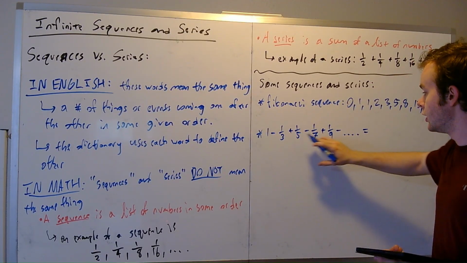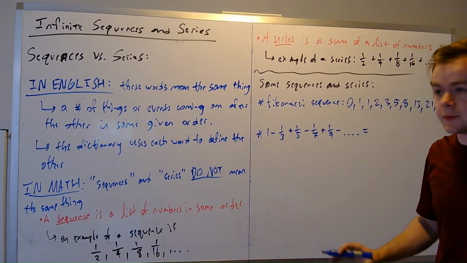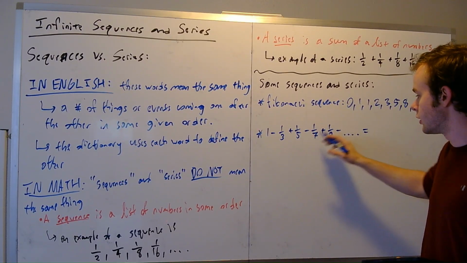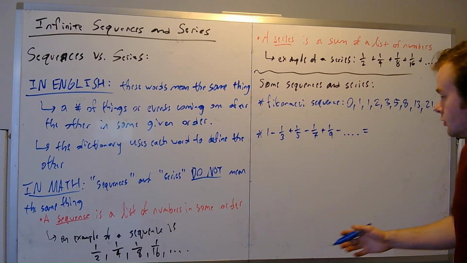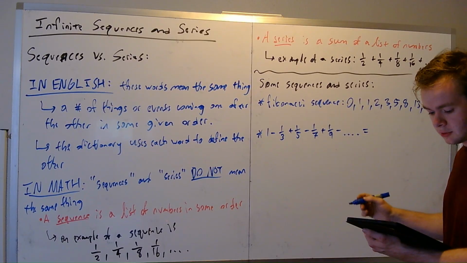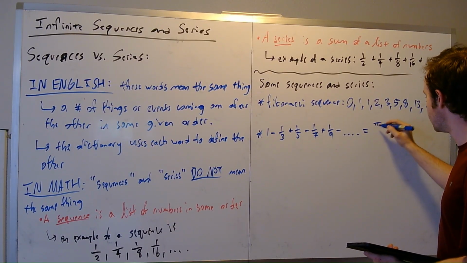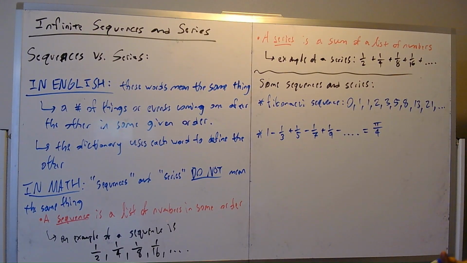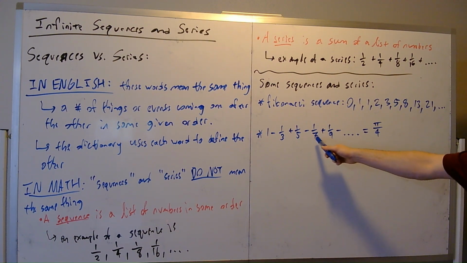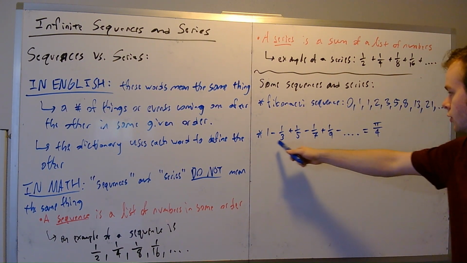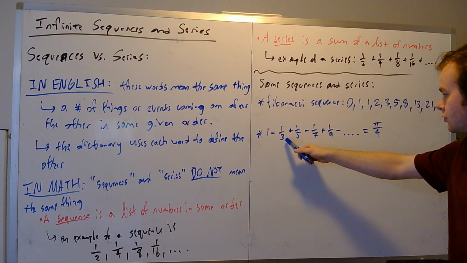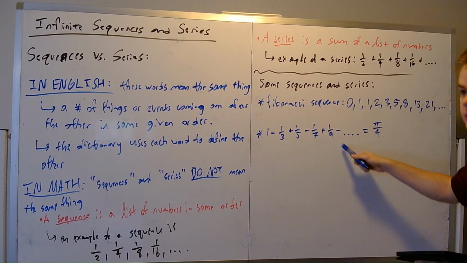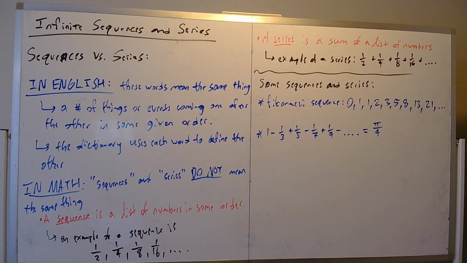Some of the numbers are negative, but we're just adding and subtracting and so on. We call this a series. And it turns out what we get here is actually going to be pi over 4. Right, so the Fibonacci sequence actually occurs in many different areas that you wouldn't expect. And another cool example here is that if you just add together these fractions with all the odd denominators, then you actually get pi over 4.